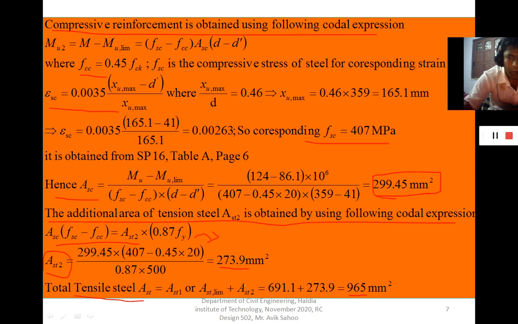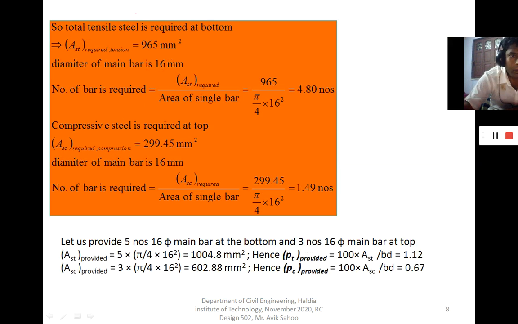So in a doubly reinforced section, we get the tensile steel, and we also get the compressive steel, that is 299.45 millimeter square. Just following the codal provisions and guidelines, we get the total area of tensile steel and the compressive steel.